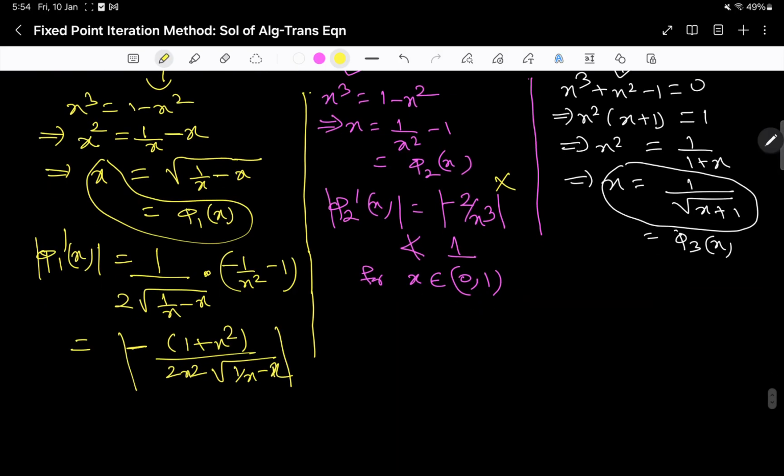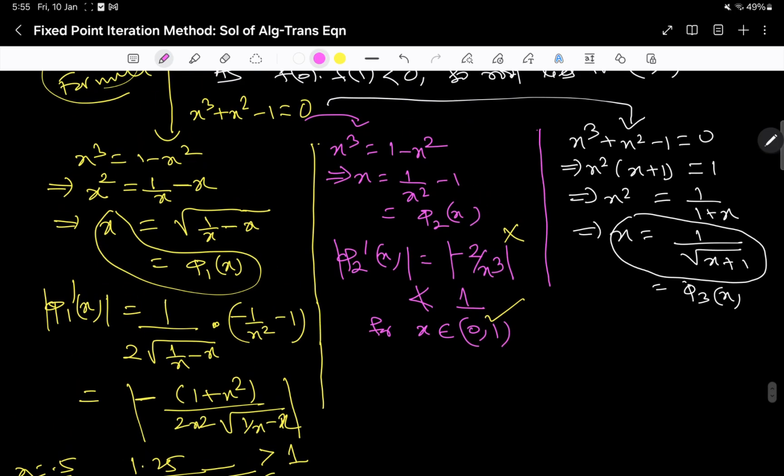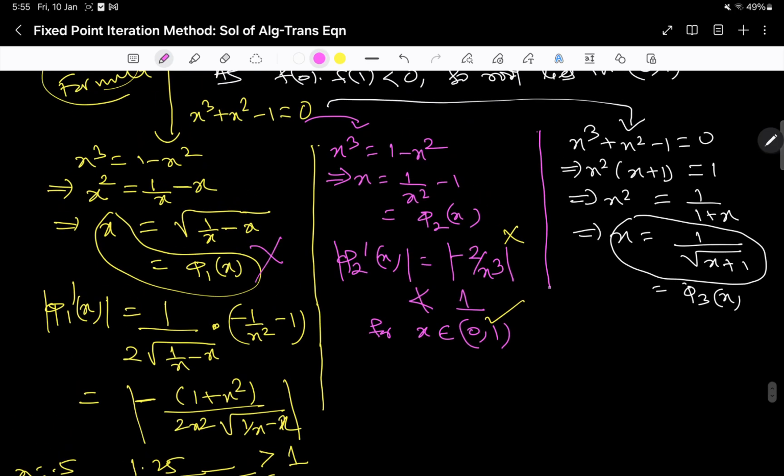If I take x equal to, suppose, 0.5, which lies in this interval, this is 1.25 divided by 2 into 0.25, into 0.5 into root over of 1 by 0.5, that is 2, minus 0.5. Now you see, this is greater than 1. So this formula will also not work here.